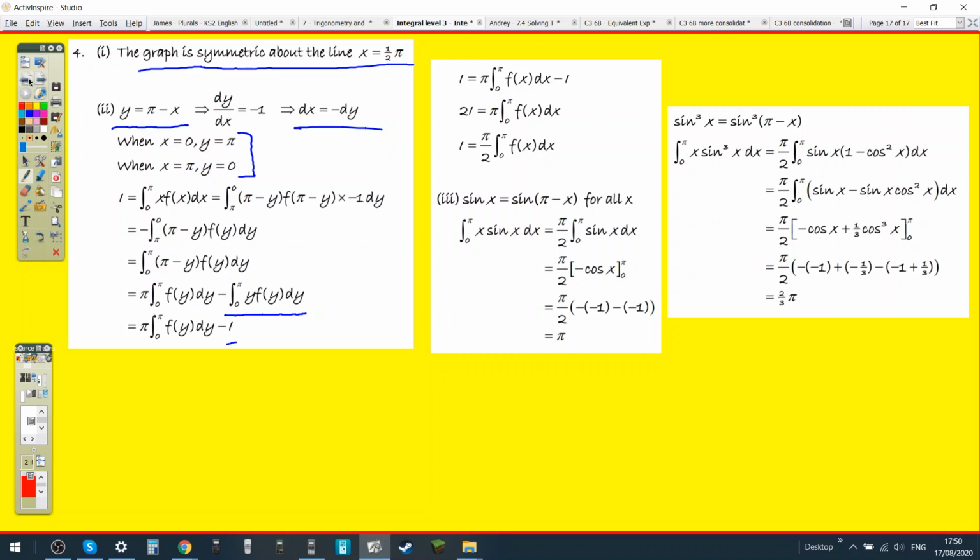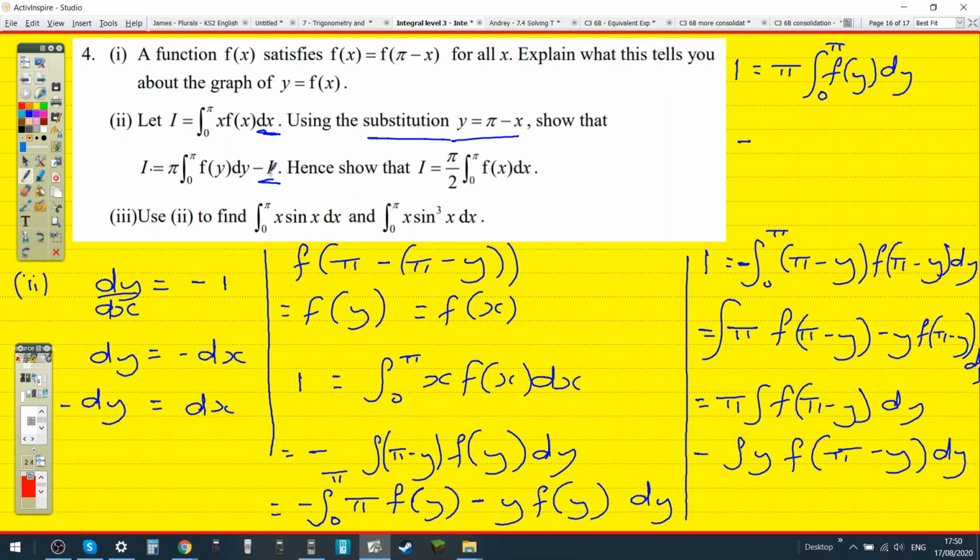So if that's I, I don't know how I is equal to something minus I. But I is x f of x with respect to x. How can I also be y f of y with respect to y when y and x aren't equal? Because they're not. x is pi minus y.